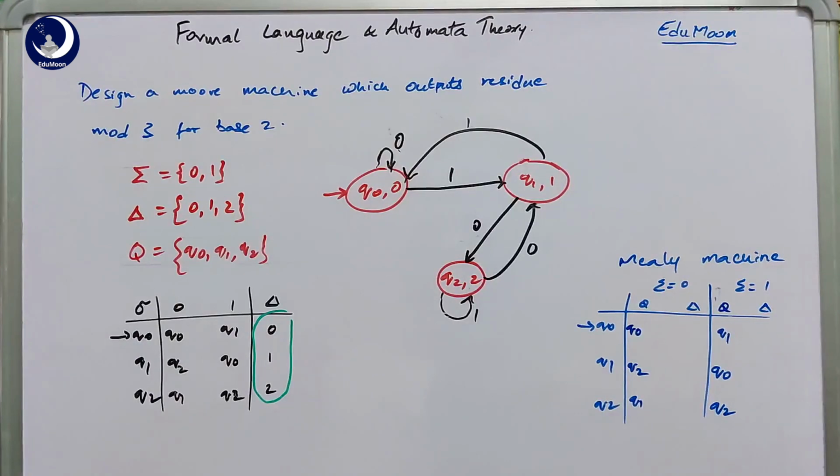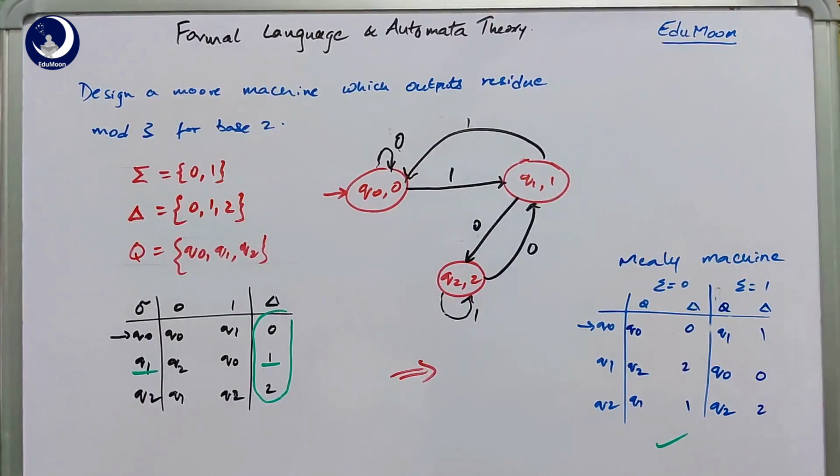And whenever we have a Q1 state, the output assigned is 1. And finally coming to Q2, the output is 2, so wherever we have Q2 in the Mealy machine table, the output will be 2.